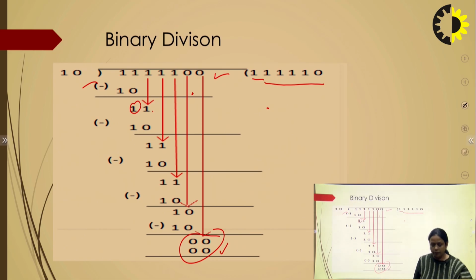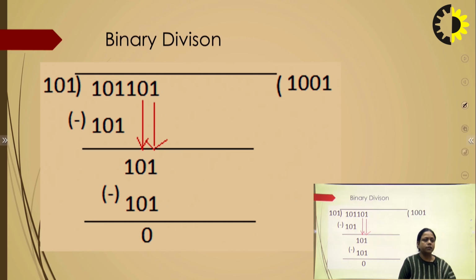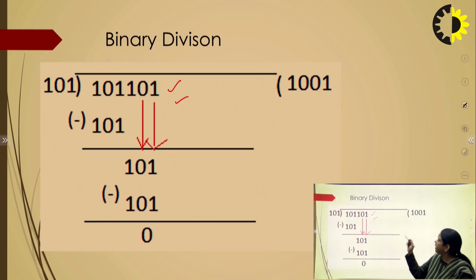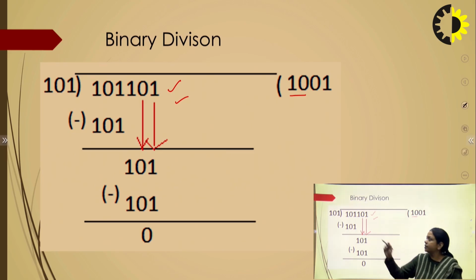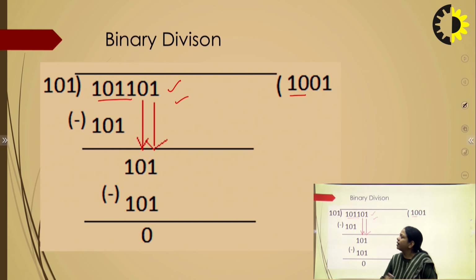One more example you will see here. This is another example of binary division, where we have 101 as the divisor. Firstly we will divide it with the 1, and you can see the 101 will be subtracted from the first 3 digits of the dividend.